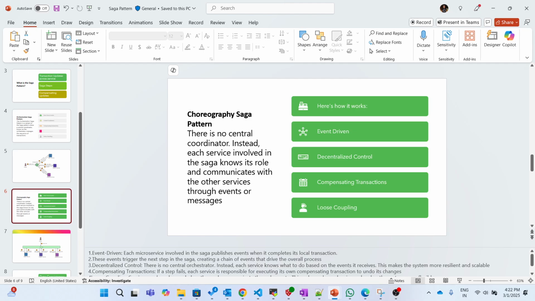The second type of pattern is choreography, which is nothing but a dance. You can think of it as a dance. There will be no central coordinator. Instead, each service involved in the saga knows its role and communicates with the other services through events or messages.